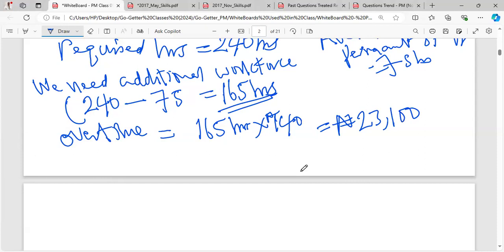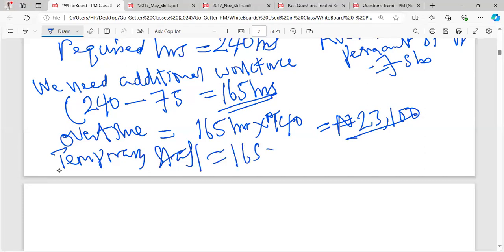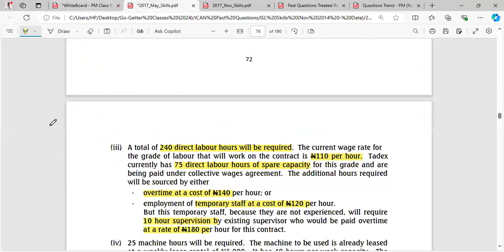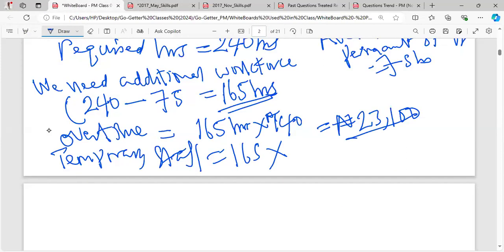Of course, what about if we hire temporary staff? Temporary staff, let's underline this first. We will need 165 multiplied by how much? 120 naira.